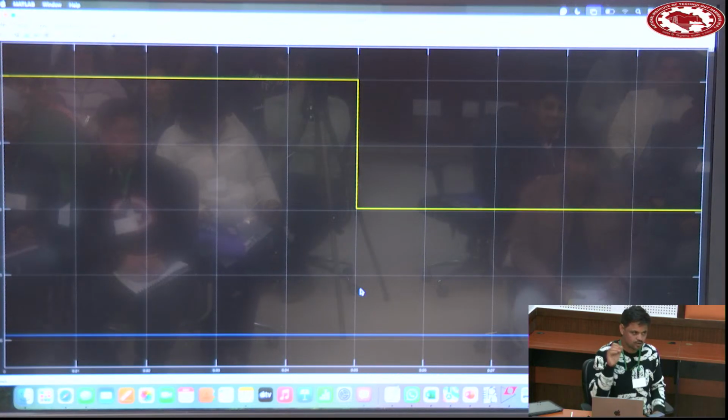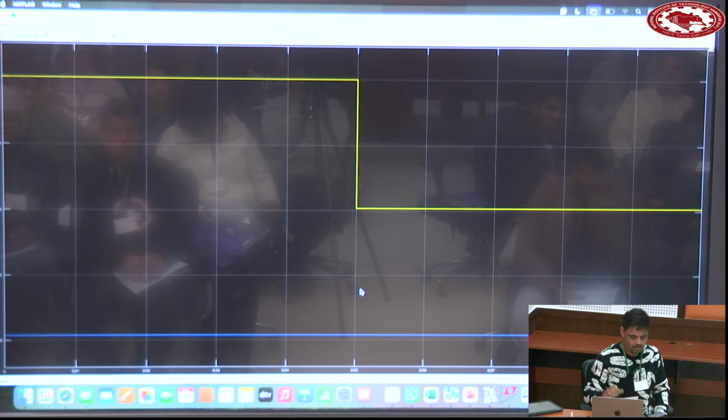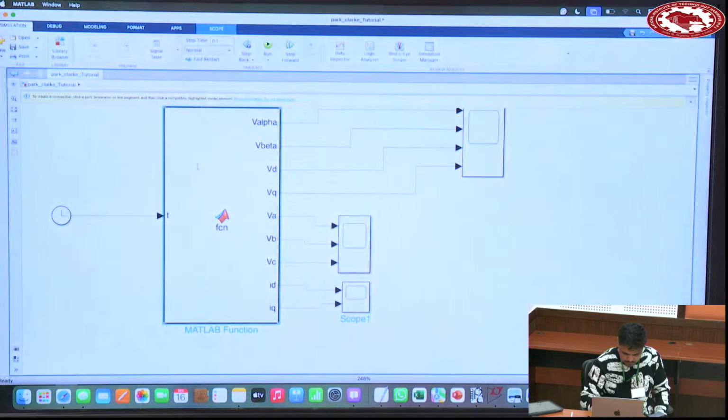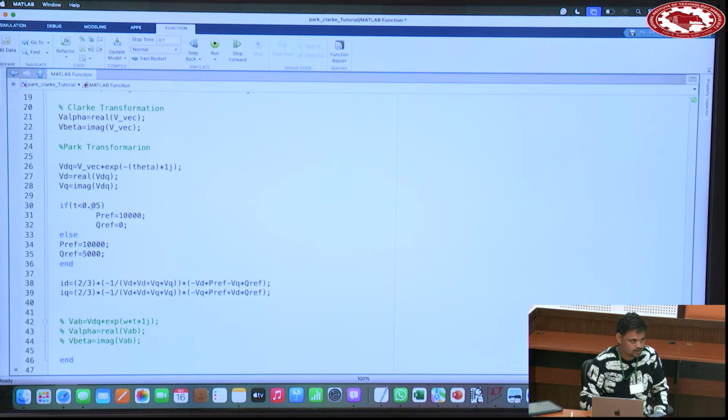At t equal to 0.05, I should show you the code. When t is less than 0.05, P reference is 10 kilowatt and Q is 0. After 0.05, P reference remains same, but Q is changed to 5 kVAR.